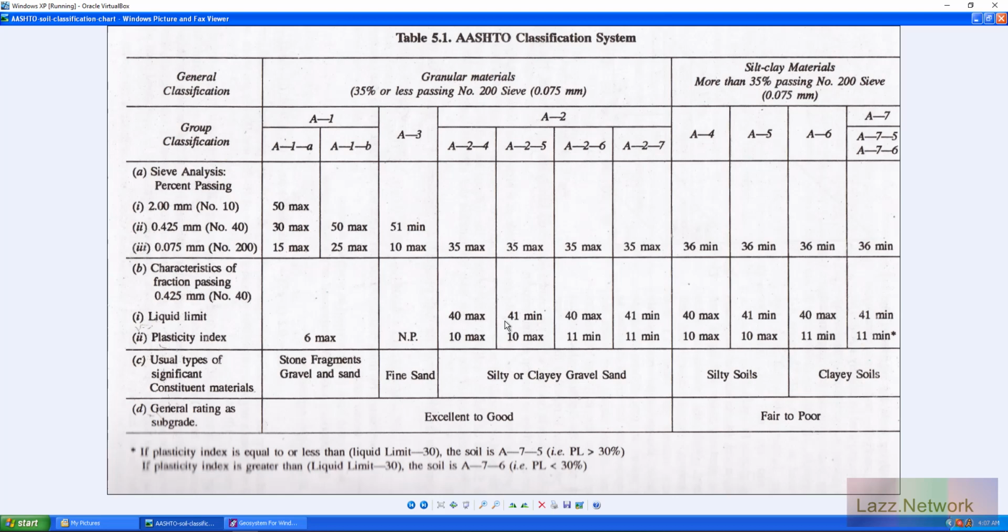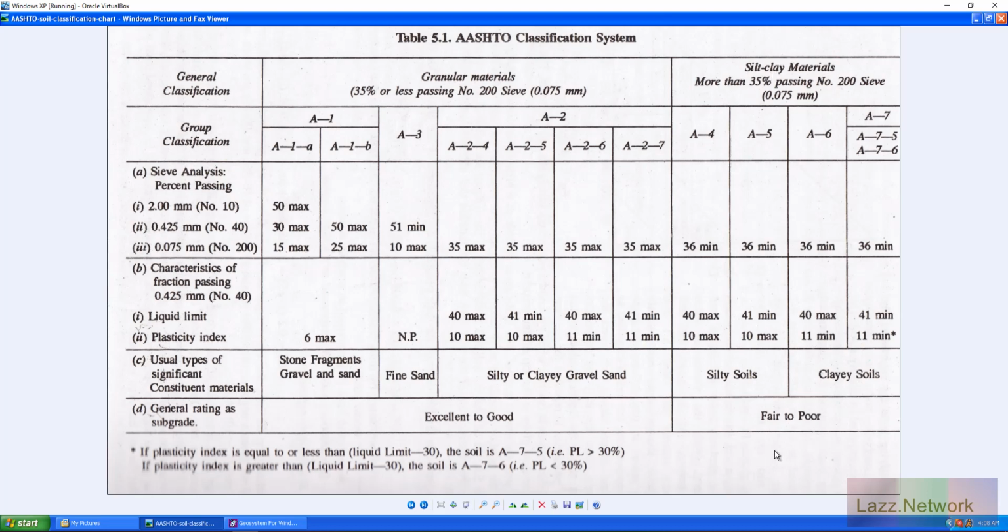That means it's greater than 40, so it has to be 41, but it can't have a plastic index greater than 10. It follows the same premise as we go to A26 and A27. The only difference now is that your plastic index is greater than 10, so it needs to meet a minimum of at least 11.